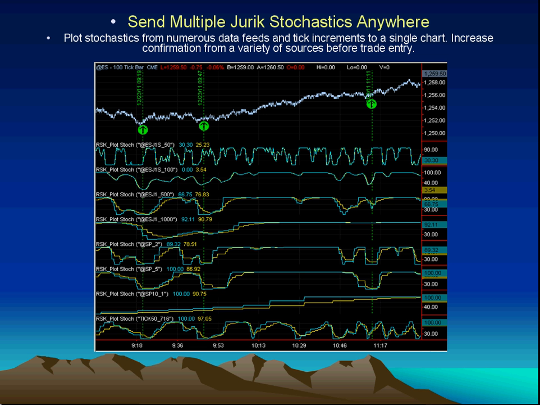It could look something like this. Here we have multiple Zurich stochastics being plotted on a 100 ES tick. This chart superimposes the stochastics of a 50, 100, 500, and 1000 ES tick chart, along with 3 different intervals coming off of the large contract as well as one off of the NYSE tick.